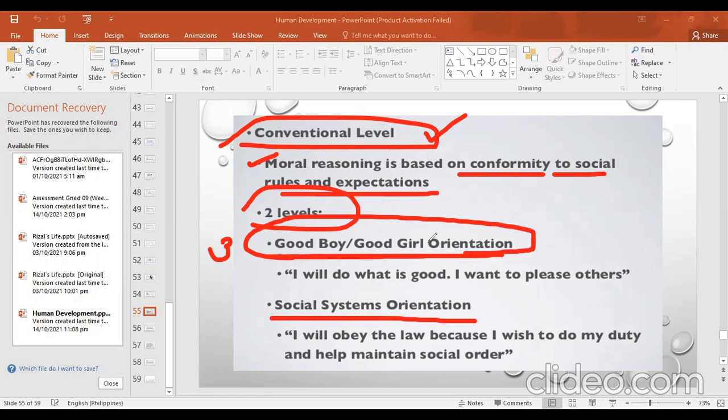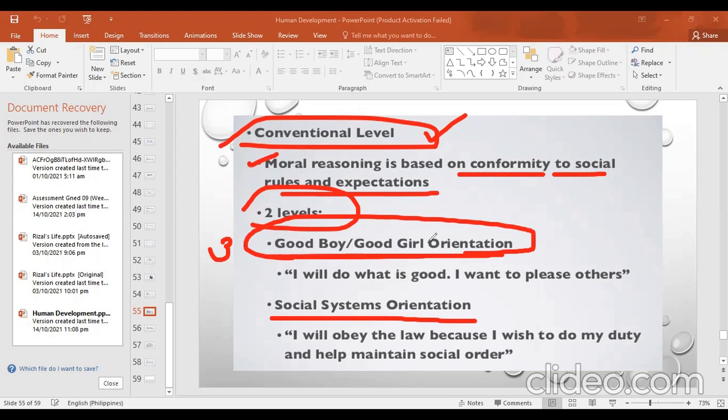Like, gagawa ako ng mabuti para sa kapwa ko. Ganyan. Kasi gusto ko na maging ganito yung thinking nila sa akin. Gusto ko maging maganda yung perspective or impression nila towards sa personality or identity na meron ako.